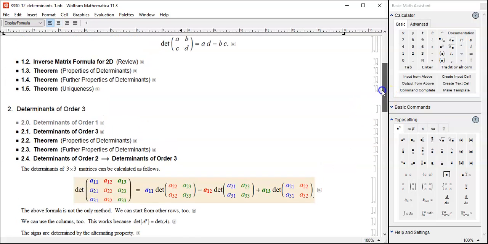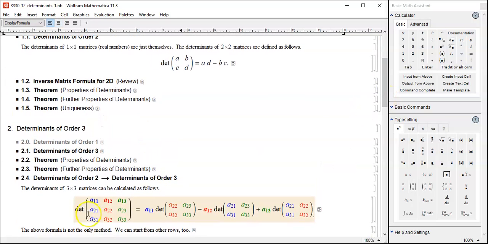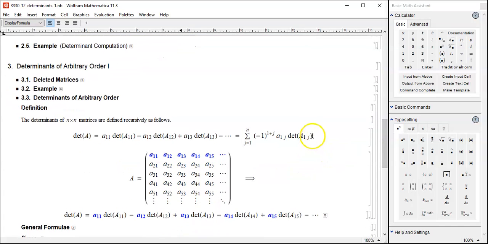Not coincidentally, this is what our textbook author did. Look at the first row, A11, A12, A13, with alternating signs, plus, minus, plus, with all these deleted matrices. So this expression fits this one precisely.